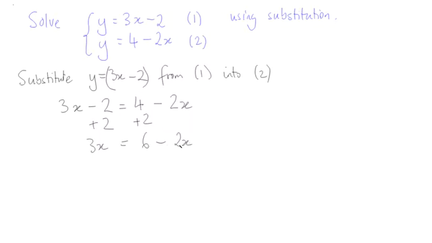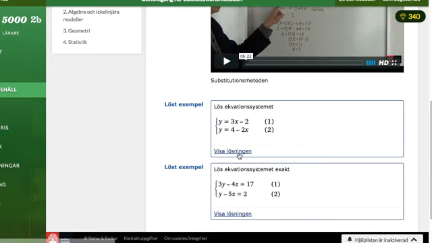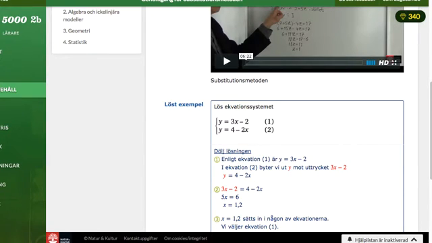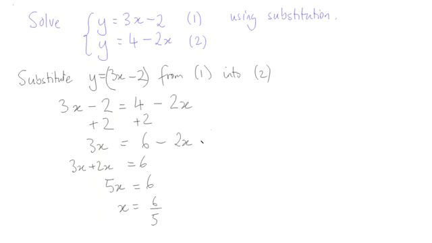To get rid of the minus 2x, I then just add 2x to both sides. So I get 3x plus 2x equals 6. 3x plus 2x is 5x equals 6. So x is 6/5, or 1.2.